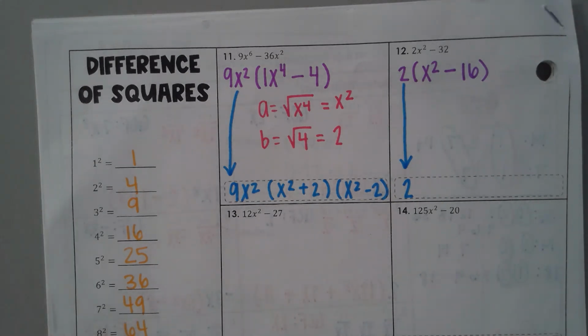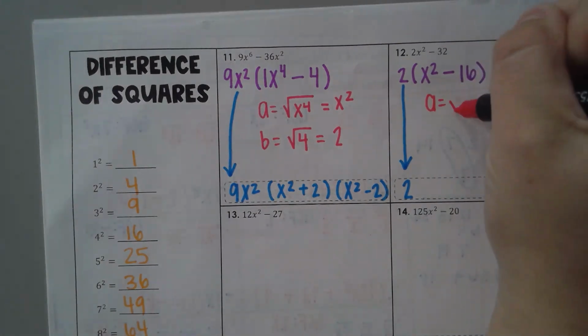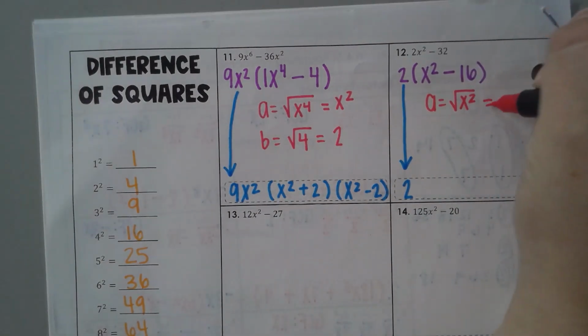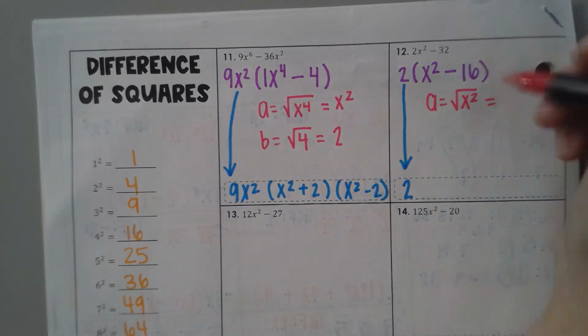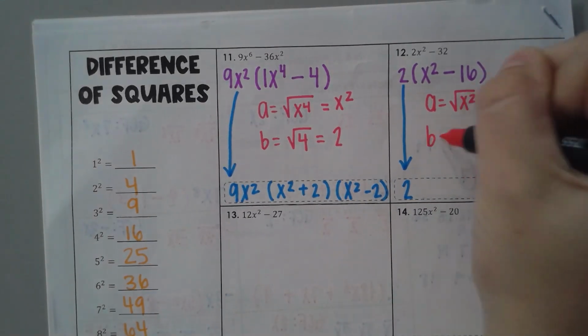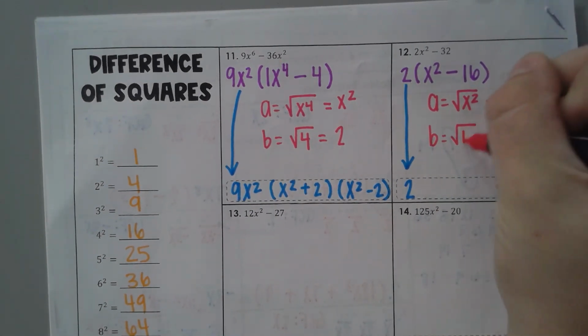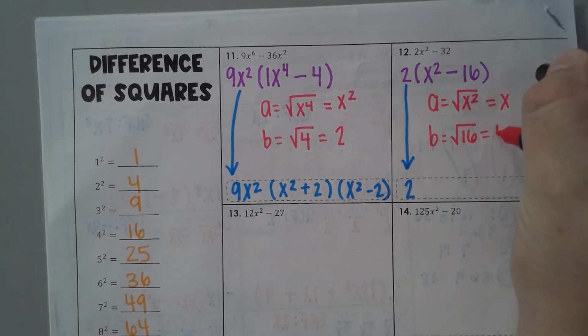off. Alright, and then my a, I'm going to take the square root of x squared, which is x. And my b is the square root of 16, which is, nope, 4.